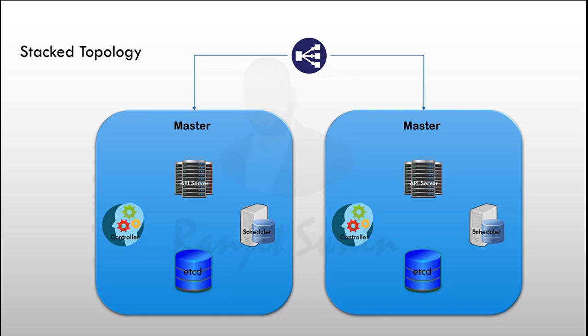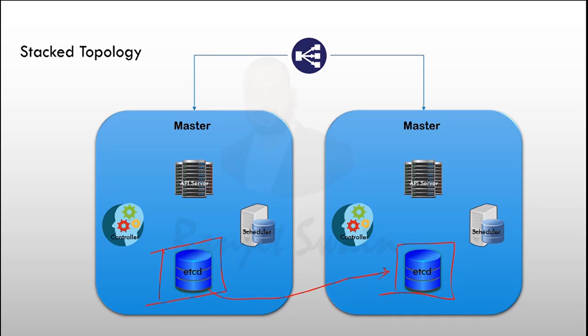So in stacked topology, what happens? You can see we have this etcd database inside the masters. So what will happen in this case? We always need to replicate the data every time to the other master machines.